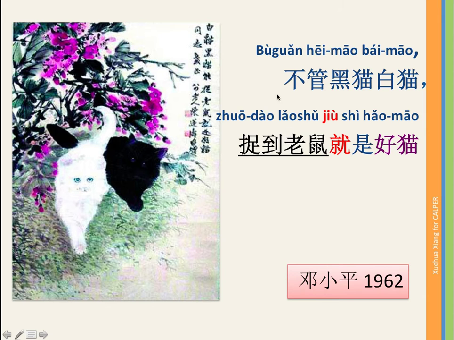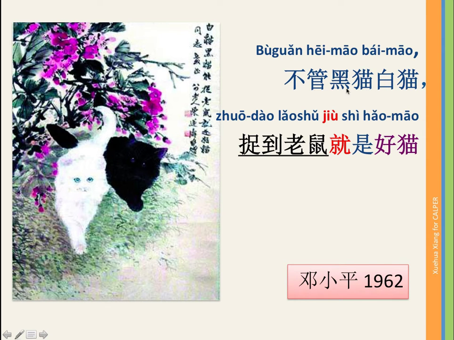So here we have an example of an aphorism that has been very important in the Chinese society. This is President Deng Xiaoping. In 1962, he had this aphorism. 不管黑猫白猫，不管 no matter.